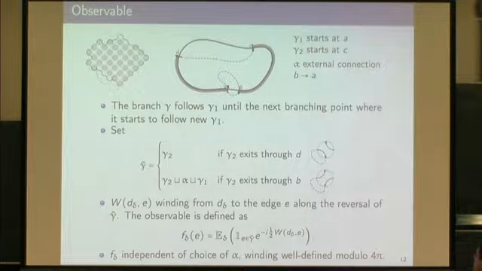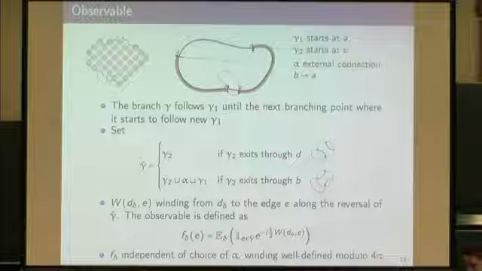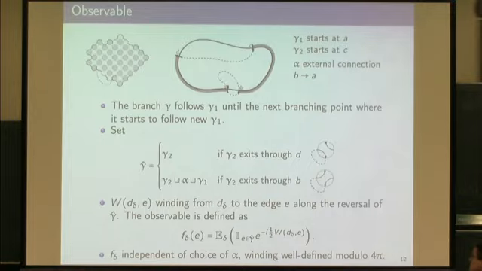So basically, gamma hat will be the interface starting from C and ending at D. But if we happen to connect C to B, then we also count that the external arc connection alpha is part of gamma hat and also gamma 1. So it always includes gamma 2, but if gamma 2 goes to B, then it also includes alpha and gamma 1.